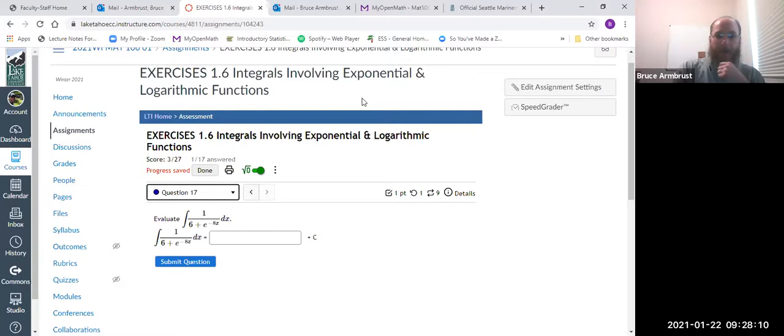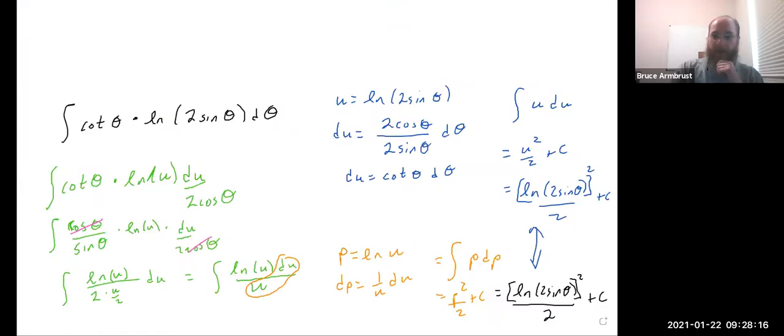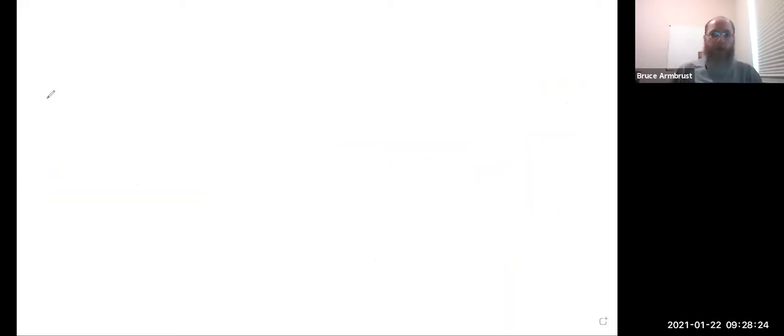Let me go to the whiteboard, because this one we're definitely going to have to work out. We can't just talk it out. I'll clear all my drawings here and we'll start fresh. All right, so we've got the integral of 1 over 6 plus e to the minus 8x dx.